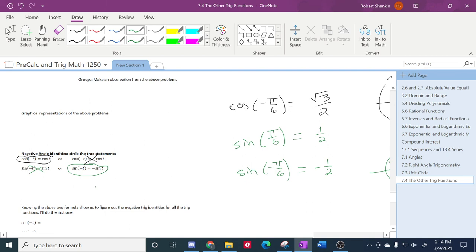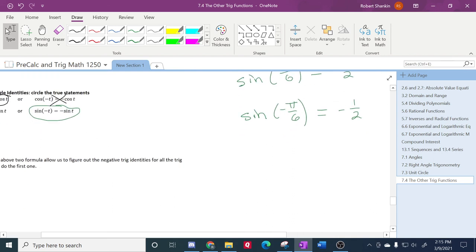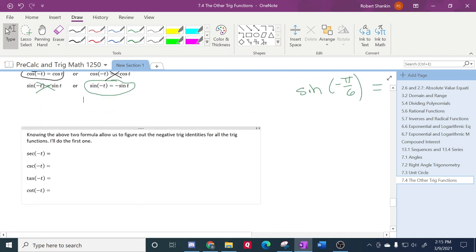Okay. And then from those you can determine all the other negative angle identities. Secant of negative t is the same as 1 over the cosine of negative t.